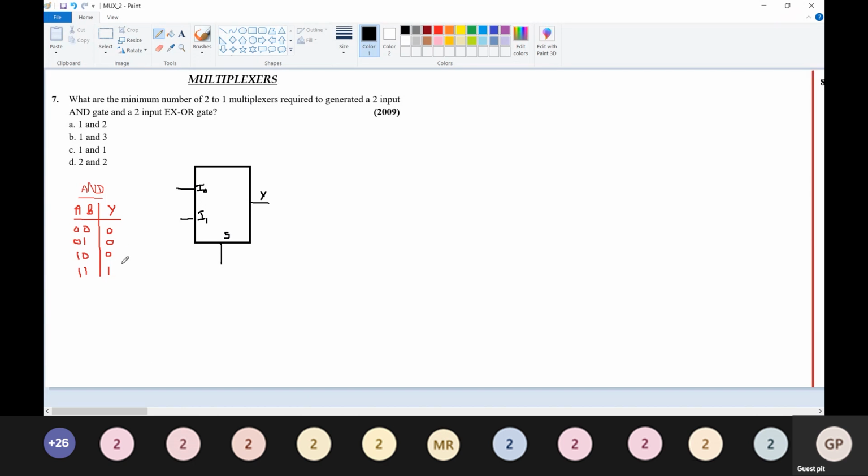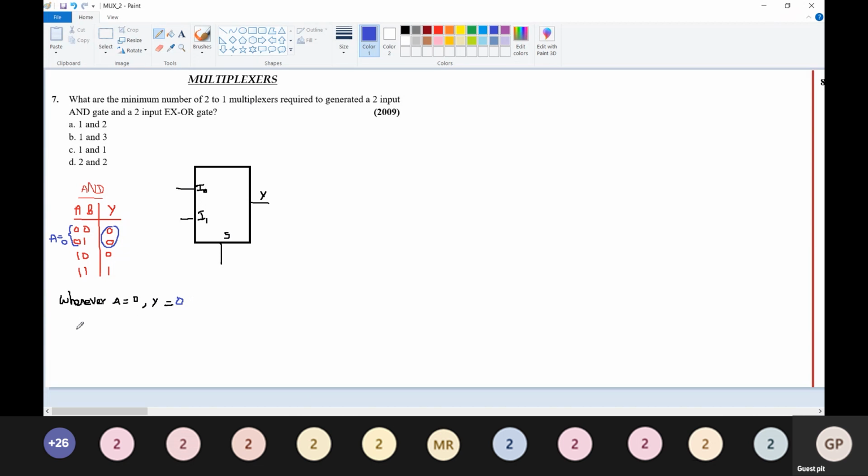Now whenever A is equal to 0, what is your output Y? When A is taken as 0, Y is equal to 0.